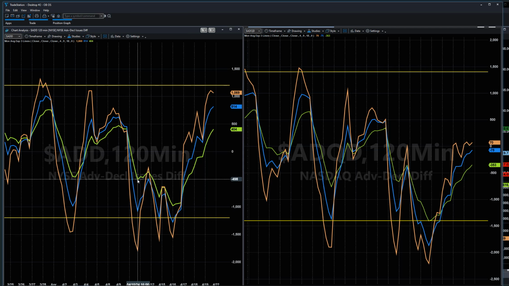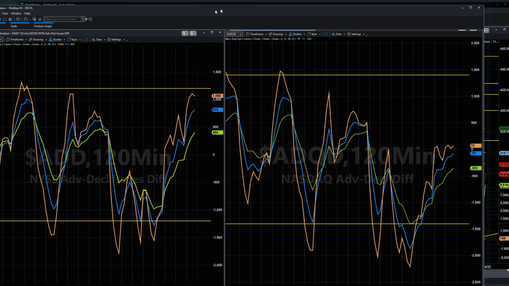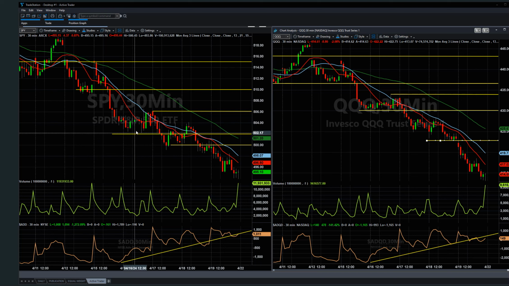But I am just very, very cautious right now of this move, mainly because it's just a slow grind lower with a three-step counter trend move, another slow grind lower, a pause in here, another slow grind lower, another pause, and then of course going into the close today, being close to the low of the day. So this is concerning. I would be jumping in with both hands and feet to the short side of this market, except for this right here.